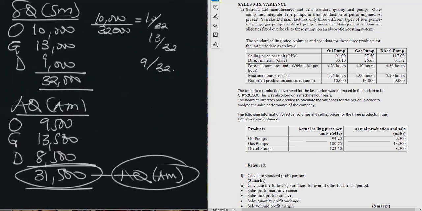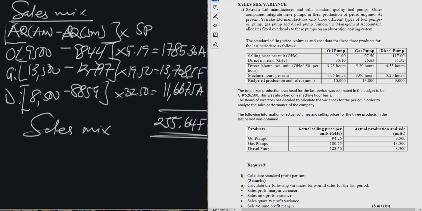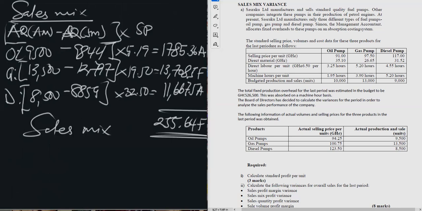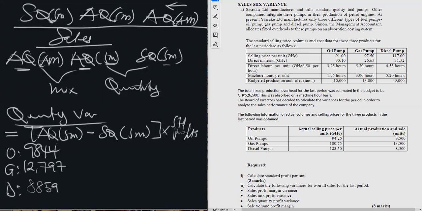The same way, when you get to your quantity, you're just going to pick your figures. Actual quantity at standard mix: we have 9,844, 12,797, and 8,859. Now we need our standard quantity at the standard mix, which we already have.